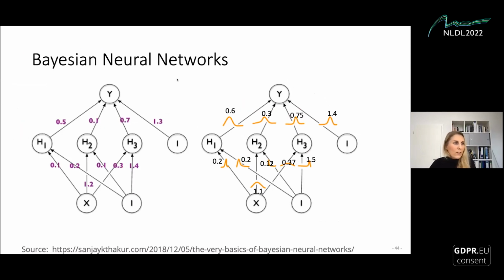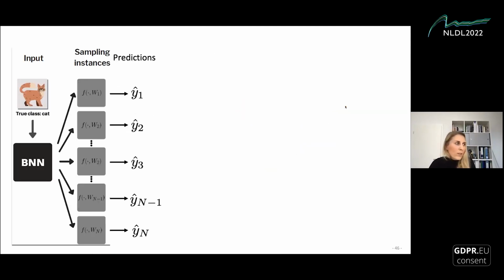Let's say we sample this 1,000 times, so really often. For each sample of our Bayesian neural network, we can feed in our input image and get a prediction. So doing this n times, we get 1,000 different predictions for the same input image.